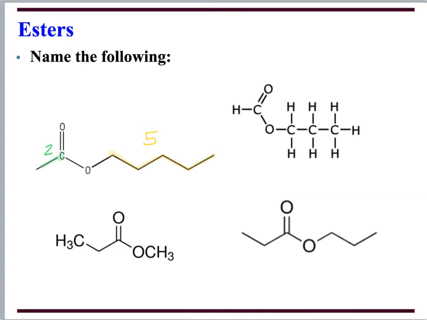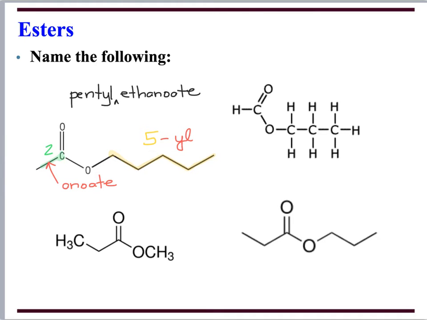Remembering that I always name this part first, the 5 is going to end in the -yl, and the 2 part of the name is going to end in the -oate. So that means I'm going to have pentyl, and then 2 is ethyl, so pentyl ethanoate. It's a two-part name, so there's a little space in between pentyl and ethanoate.